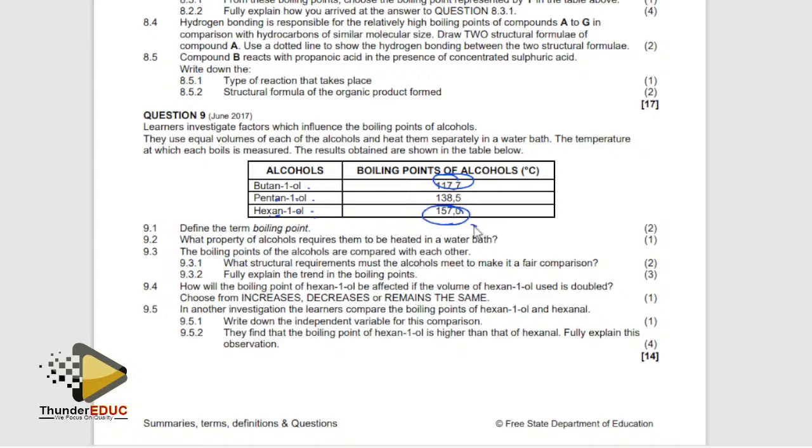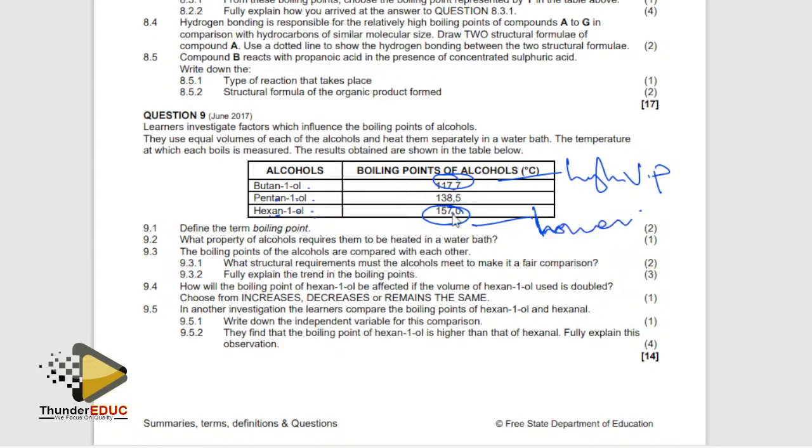So this one is going to have a lower vapor pressure. This one is going to have a higher vapor pressure, while this one is going to have a lower vapor pressure.